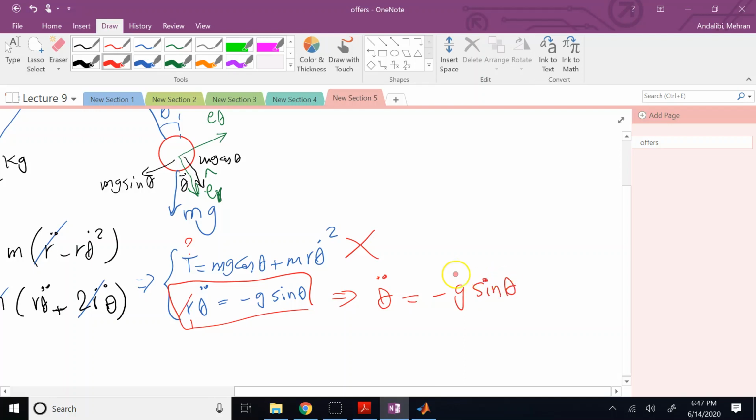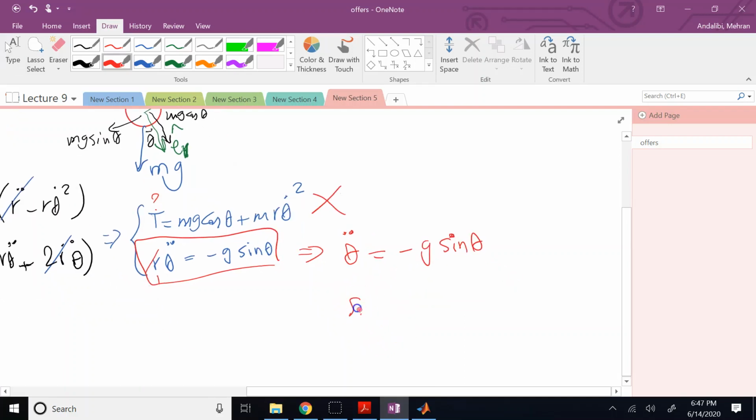Second order nonlinear ODE, and this is subjected to two initial conditions. That's at time 0, theta is 30 degrees, or pi over 6, and theta dot at time 0, which is theta dot of 1, it was 0. So I need to solve this one.